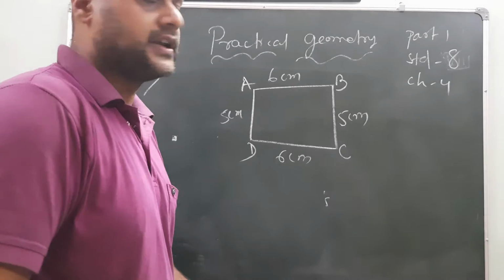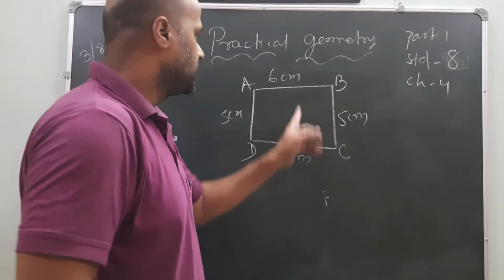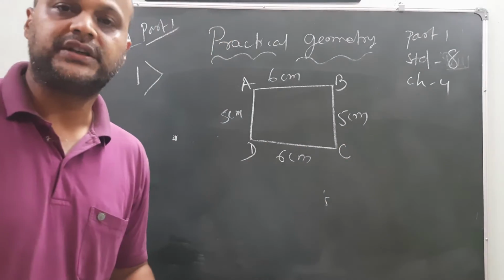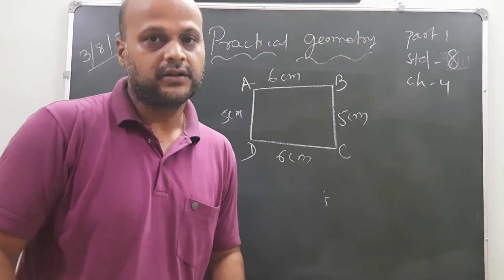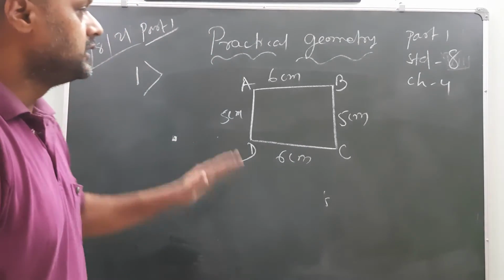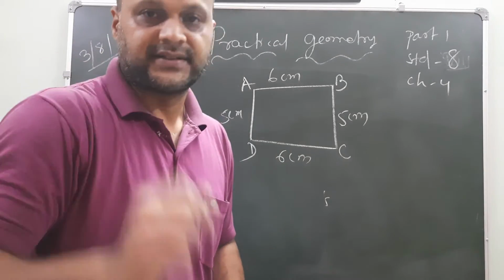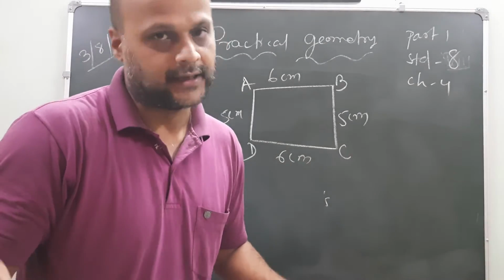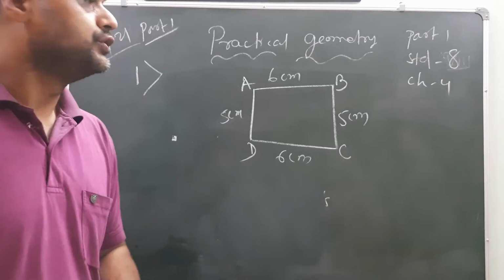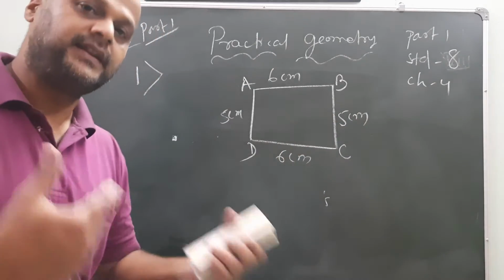In which quadrilateral are opposite sides equal? We know it is definitely a rectangle. So let's start to draw a rectangle. This is the rough sketch I am doing with my pencil without using the scale. Any side you can take.